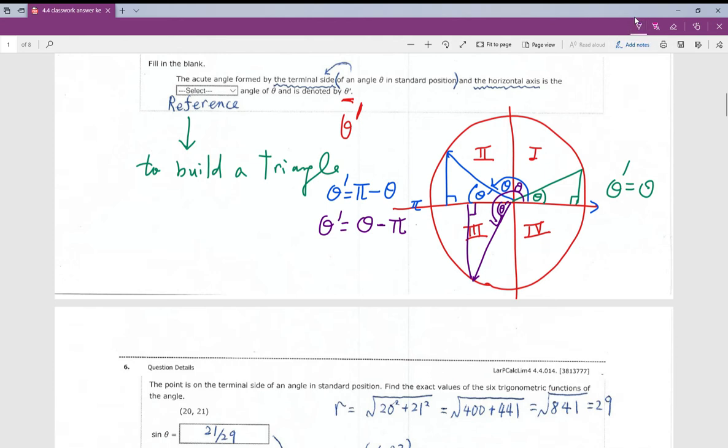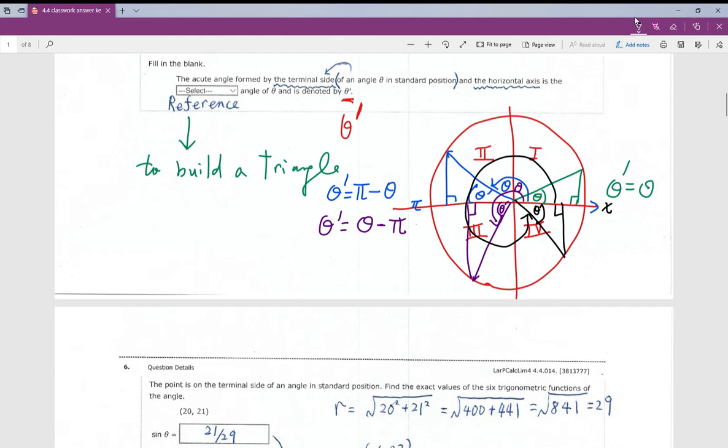Now, next, let me choose a color. How about black? So if I have an angle go up to here, wow, then it's a very big angle. Which angle do you use to build the triangle? Then the triangle is here. Never there, okay? You build the triangle according to the x-axis. So this will be the reference angle.